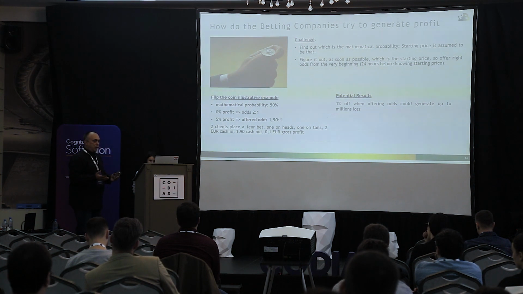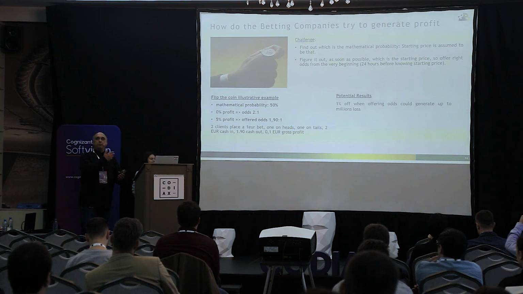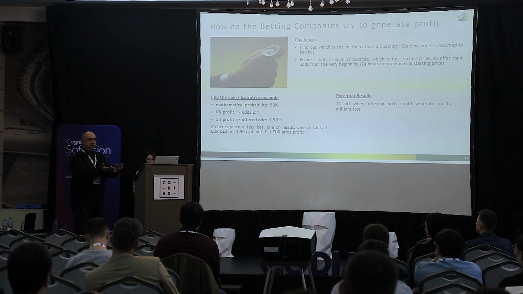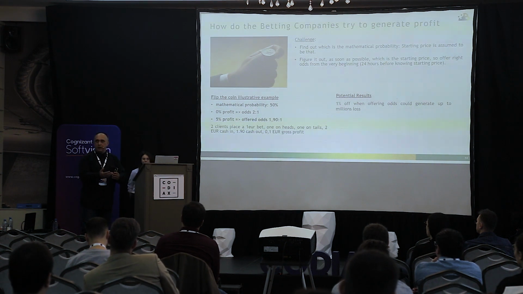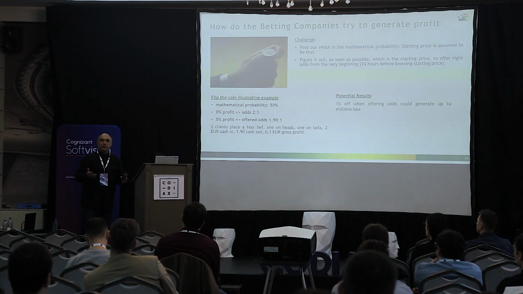So let's assume now that a betting company puts this event on the table for the clients and says, okay, you can bet. What will it be? Head or tail? And when a betting company does that, they offer some winning odds. Let's assume that we are offering 2-to-1.